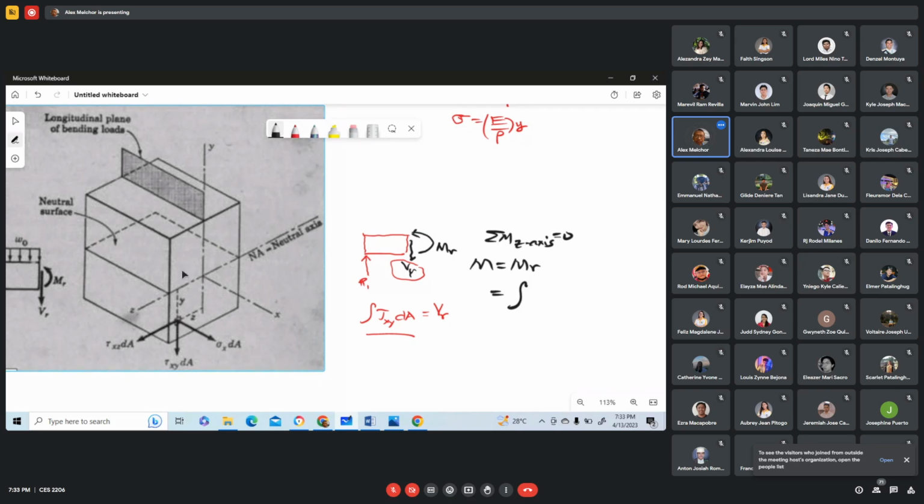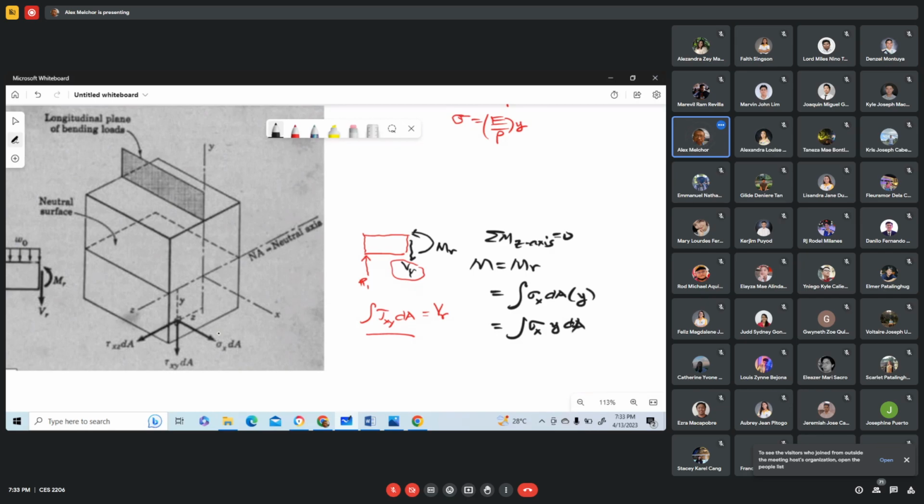Okay, so the moment of this differential axial force is sigma x times differential area multiplied by the moment arm y. So this is equal to the integral of sigma x times y dA.